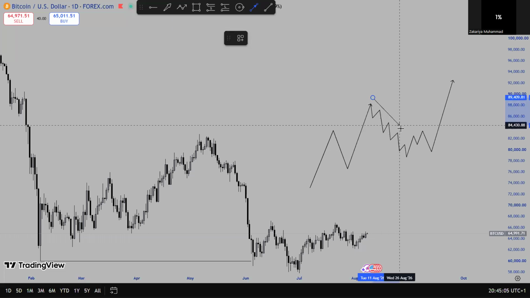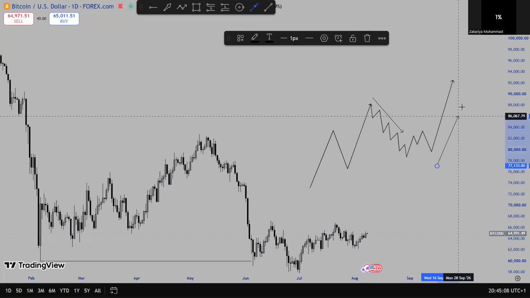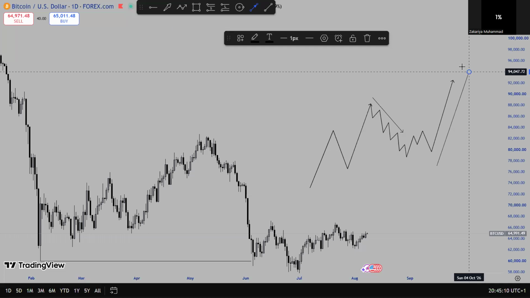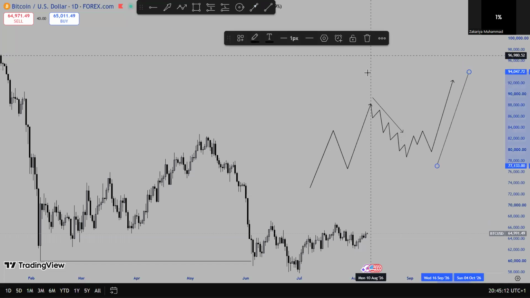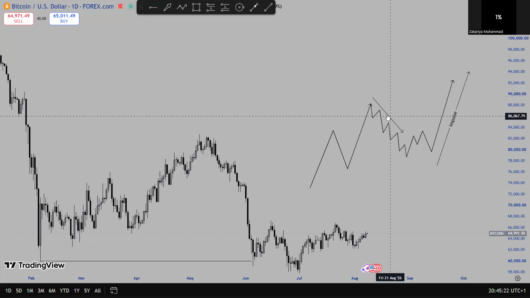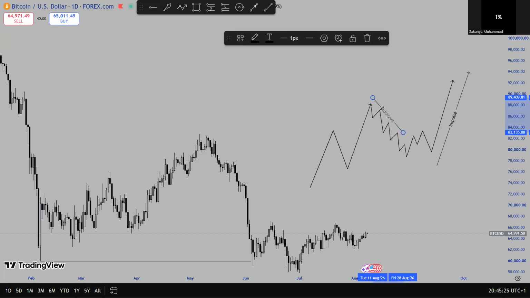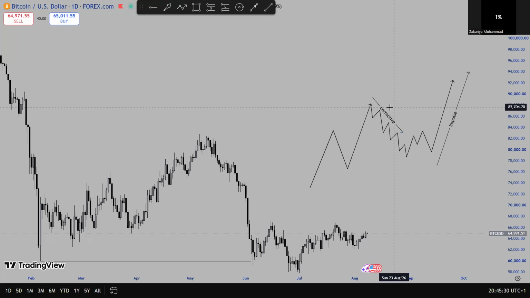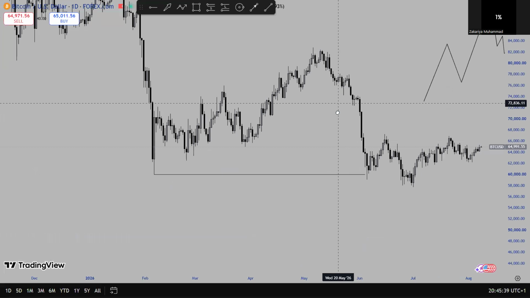Before you can even say that, you must read a higher time frame, lower time frame structure. So to identify our corrective move or impulsive move, we must read internal market structure, not external.